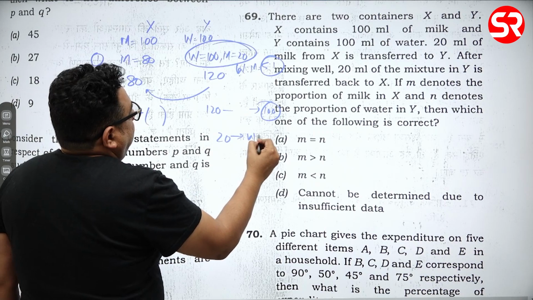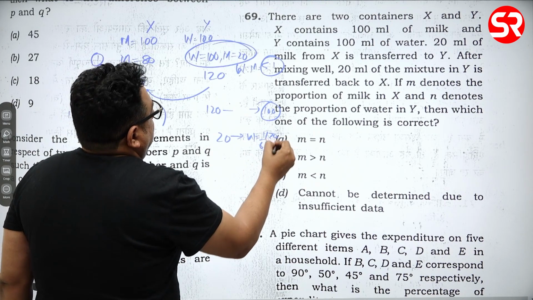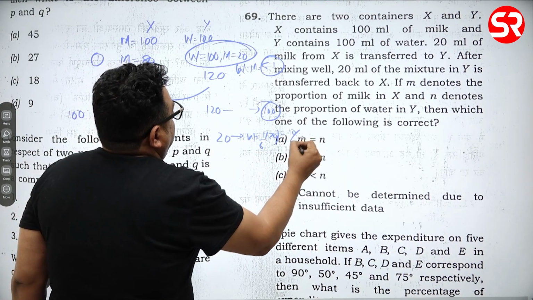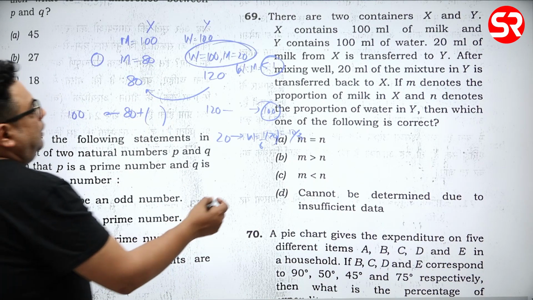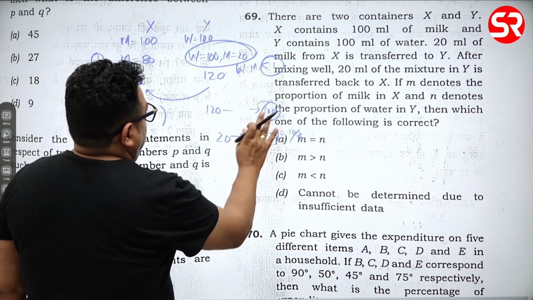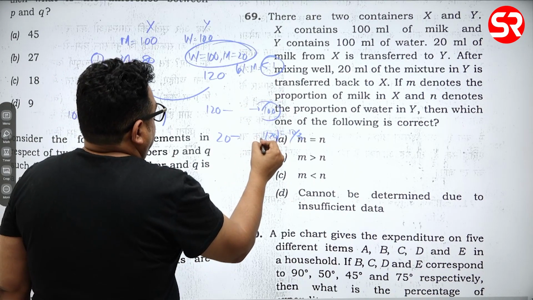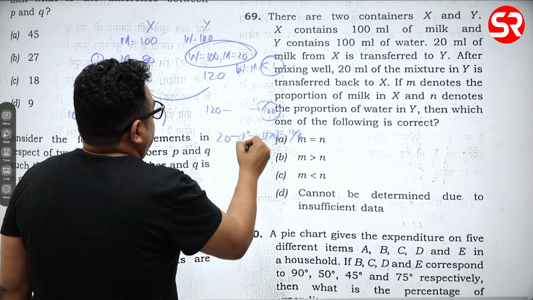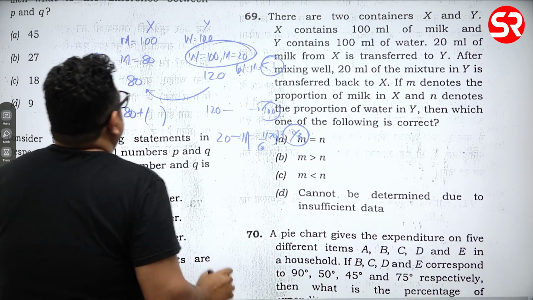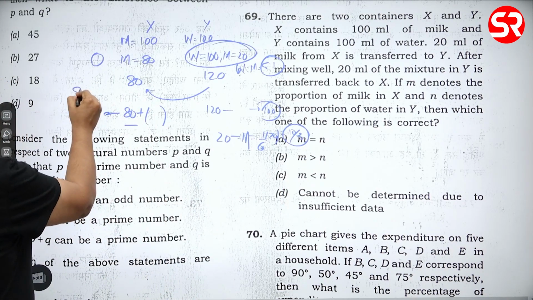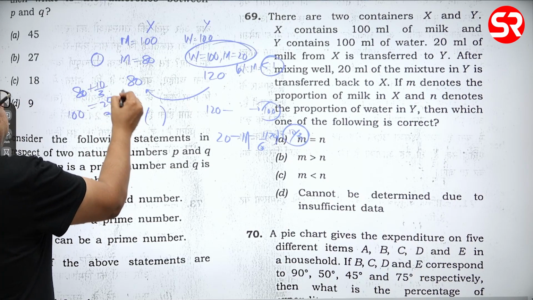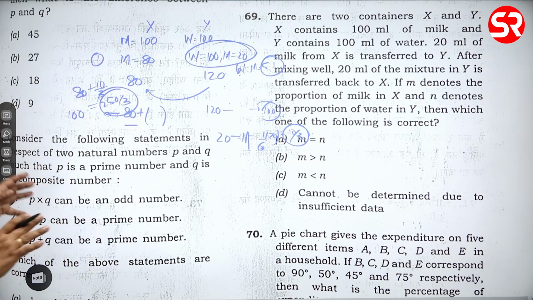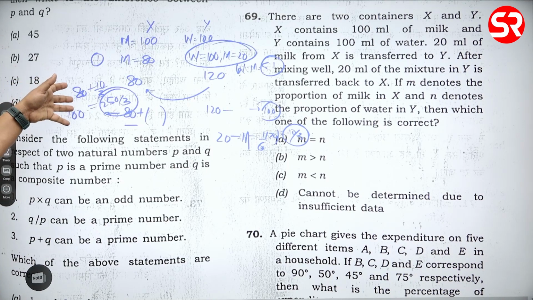Water would be 5/6 of 20 and milk would be 1/6 of 20, which is 10/3. So 80 plus 10/3 comes out to be 250/3, which is milk in X.